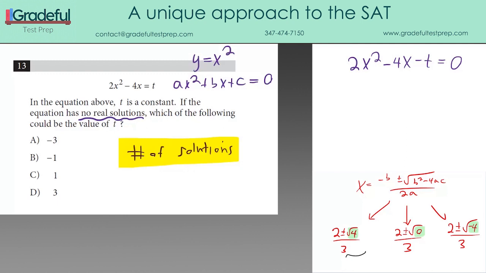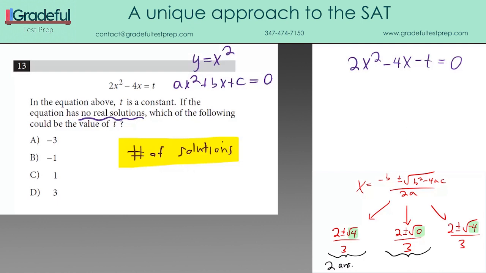Because right here, where we have a plus sign under the radical, the answer literally would have been 2 plus 2 over 3 and 2 minus 2 over 3. So 4 over 3 or 0. So there would be 2 answers. But in this situation here, where we have a 0 under the radical, that would be 2 plus 0 or minus 0 over 3. And when you add or take away 0, nothing happens.